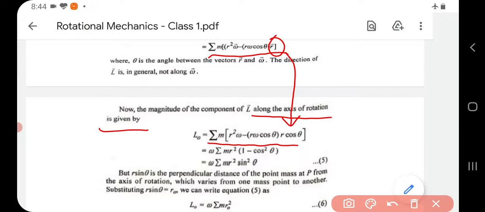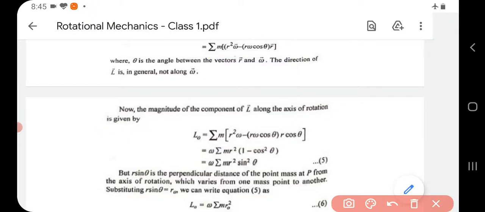So it will be r cos theta. If it is perpendicular to the axis of rotation, then we will be taking r sin theta. Right? Okay. Now again, see, omega is taken out, sigma m r square is kept as such, and on expanding the bracket we will simplify it as 1 minus cos square theta. Again see the fifth equation, omega sigma m r square, 1 minus cos square theta, sin square theta.